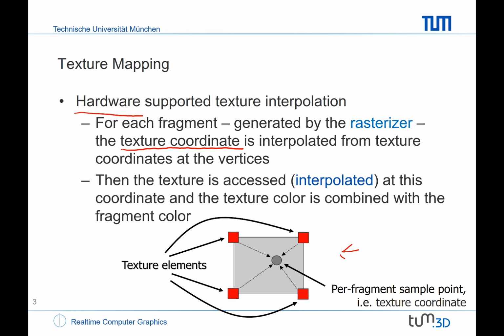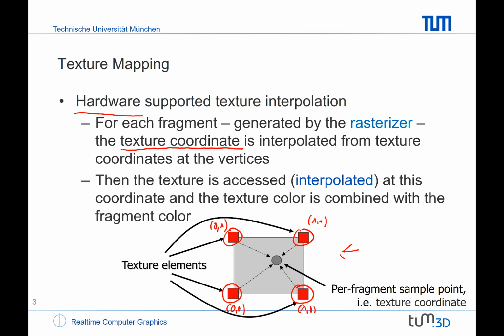These are the initial texture values which are stored in this 2x2 texture map. These so-called texels have locations in the local texture coordinate space. This texel here has the coordinate 0, 0, this one here is at 1, 0, the one here is at 1, 1, and the one here is at 0, 1.